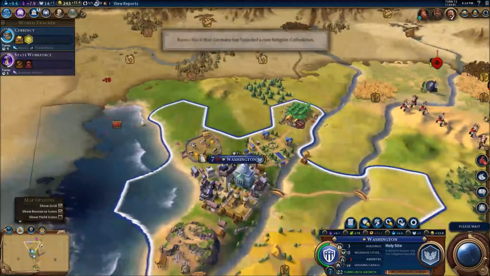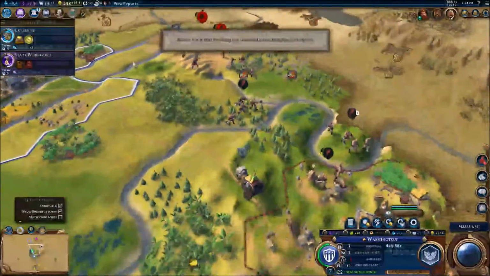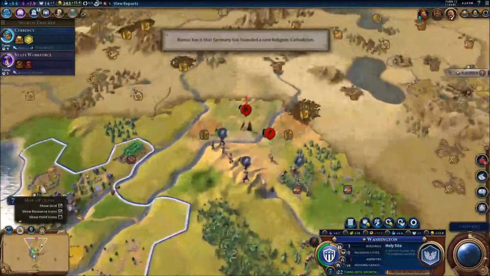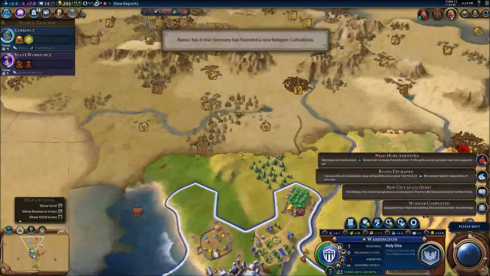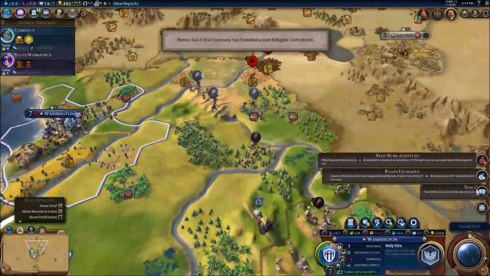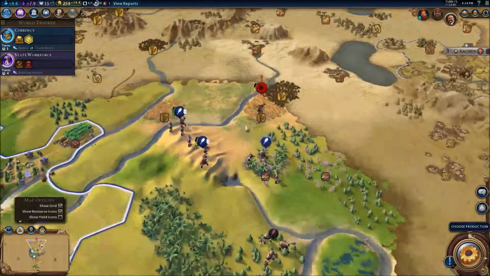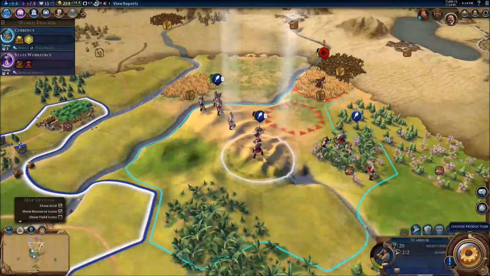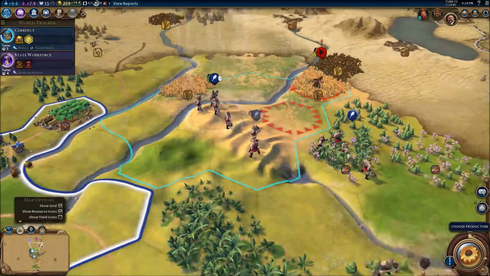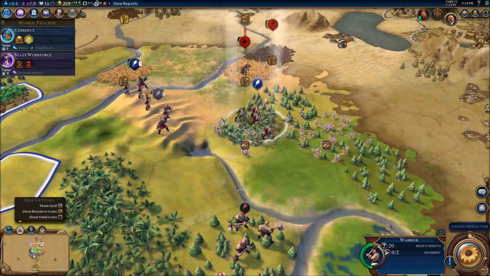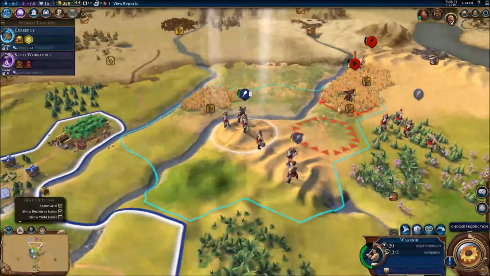The Sumerians are killing a barbarian there. Germany apparently is going to be Catholic now. And we have all those issues there. Okay, now it looks like they did book out of there, which is fine. We'll just chase that.